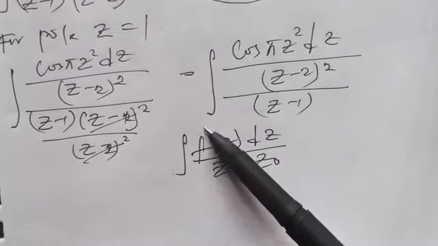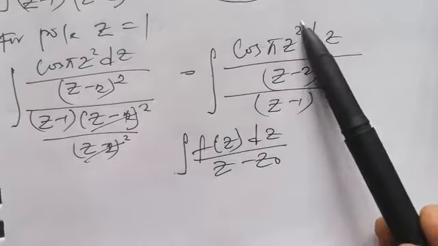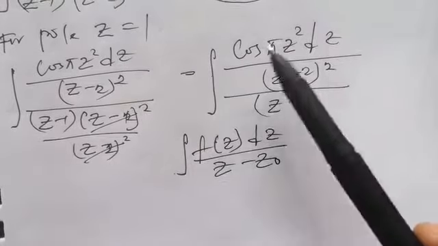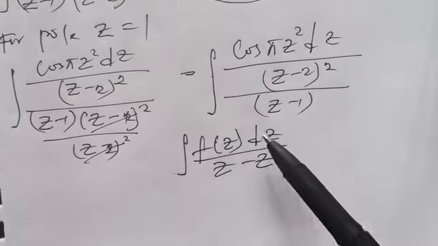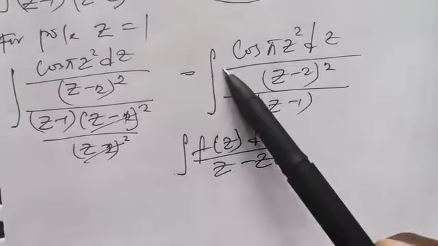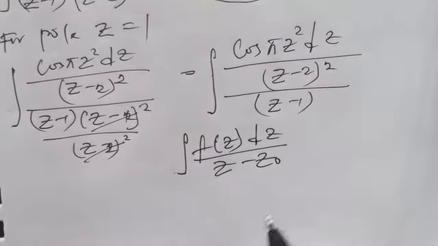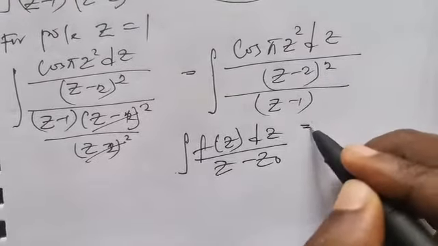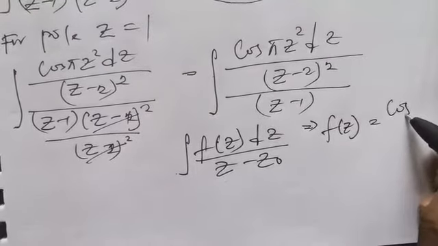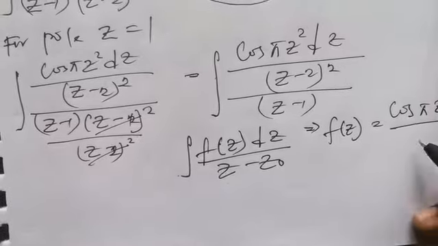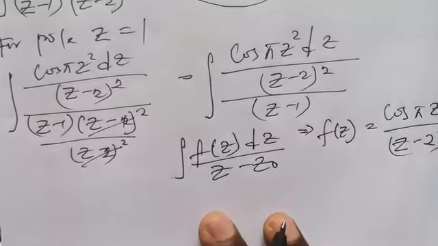So what I have left is f(z) under this Cauchy's integral. That means my f(z), which is the function, simply means everything here apart from the integral, the dz and this denominator. So that simply implies that f(z) is equal to cos(pi z squared) all over (z minus 2) all squared.